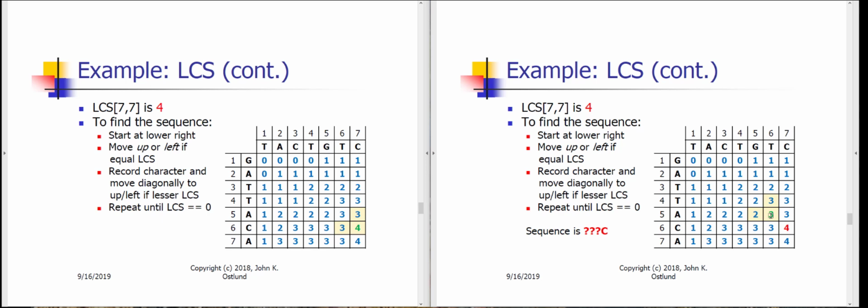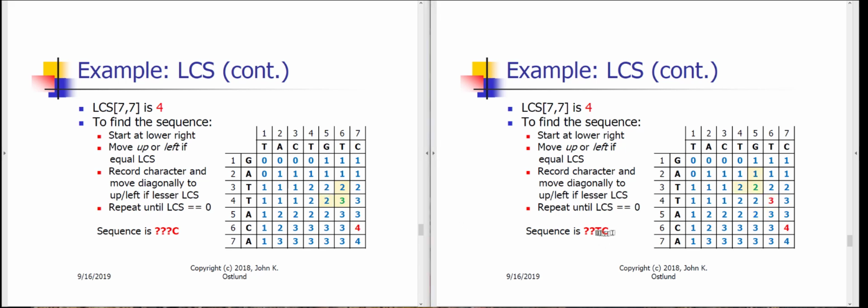At this point, we look in the previous column and the previous row and discover that the previous row has the same value of 3, so we move up to that row. Here, the row is T, the column is also T, and we discover that the previous column and previous row are both less than 3, so we're going to record that T and move up and to the left.